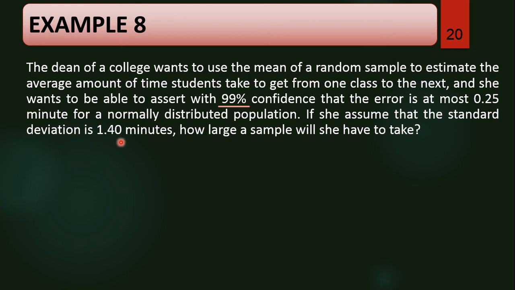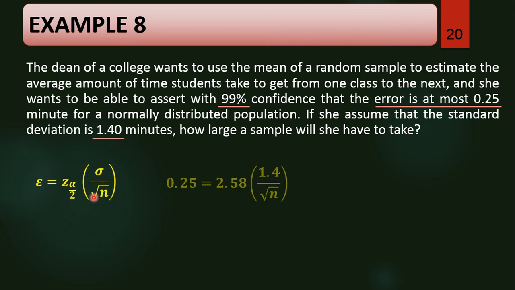So the sample size needed, we need to determine your n here. Substitute all the values here. Error 0.25. For 99%, the value for Z is 2.58. Standard deviation 1.4. Then you get your n equal to 208.74, which is approximately 209 sample size.